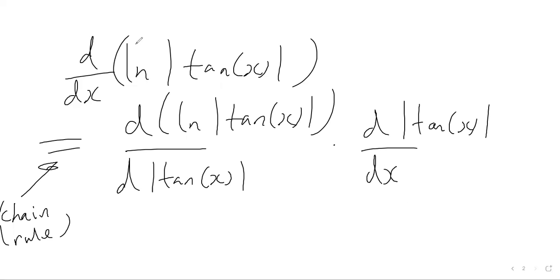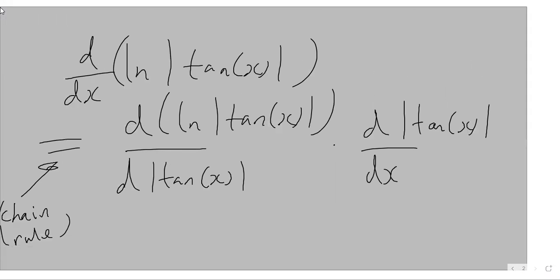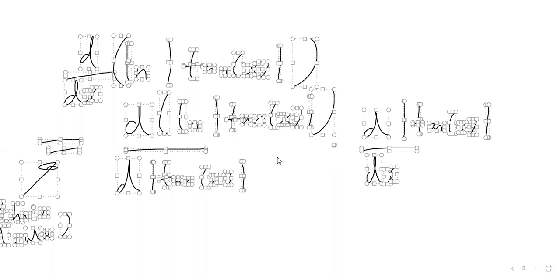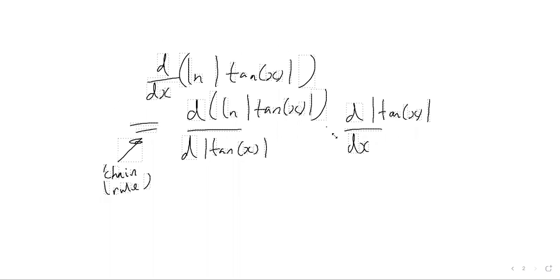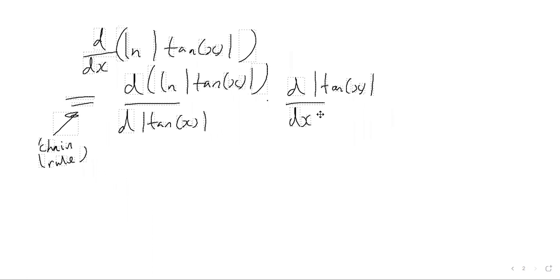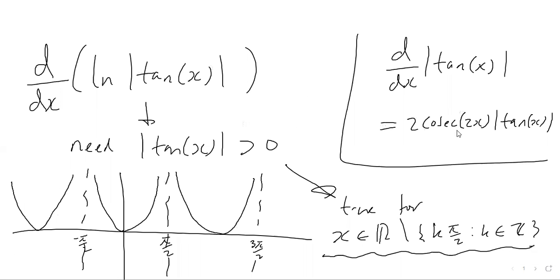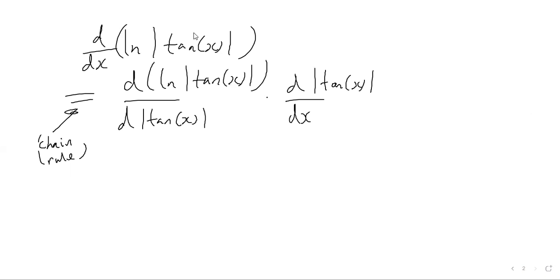We know from the video we did a couple of days ago that when you differentiate the modulus of tan x with respect to x, you get two lots of cosec 2x times the modulus of tan x. So we'll write this over here: two lots of cosec 2x times the modulus of tan x.